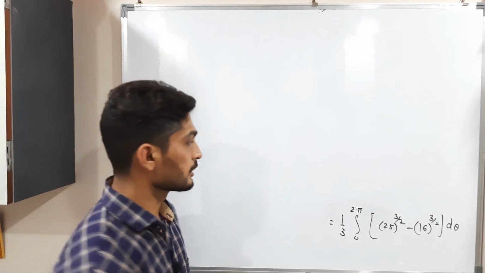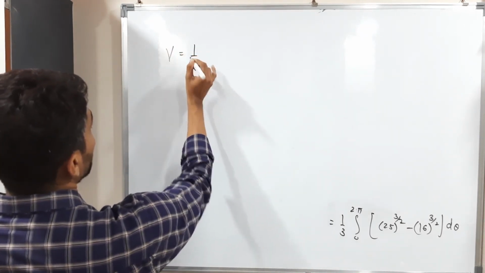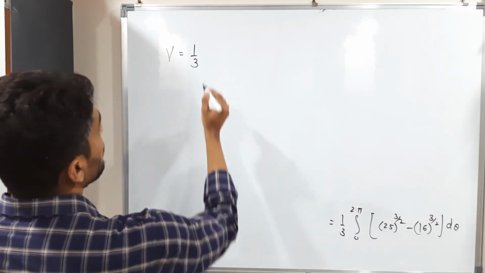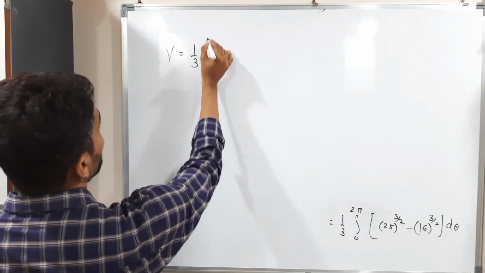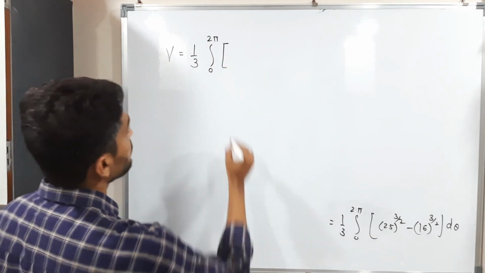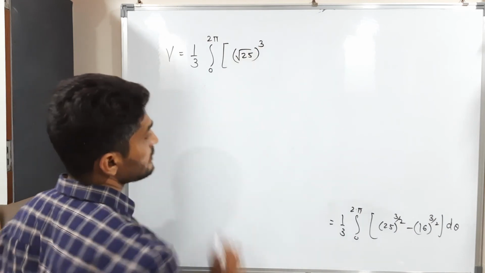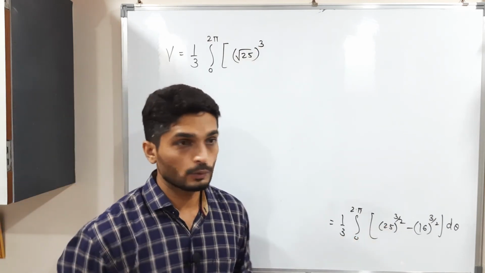Let us solve this integration. So therefore, v is equal to 1 by 3 integration 0 to 2 pi, 25 raised to 3 by 2, that means actually root 25 raised to 3, since raised to 1 by 2 means root, we know.